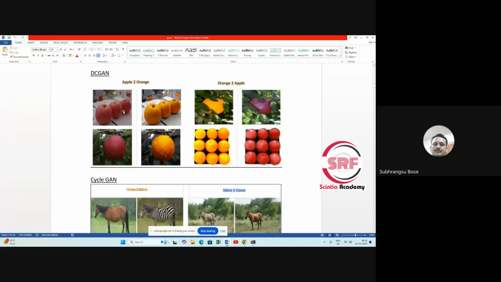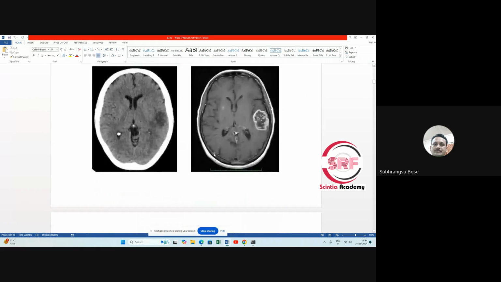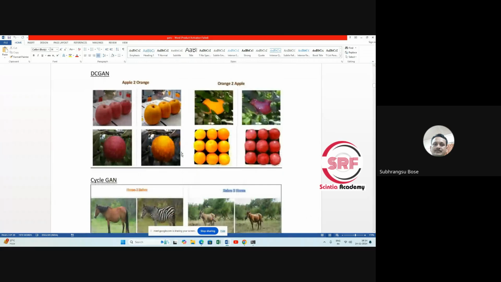Another example. Another utility of GAN: image transfer. If we want to convert the apple's color from red to orange, red to yellow, keeping the dimension the same, just the color change is possible through this technique.